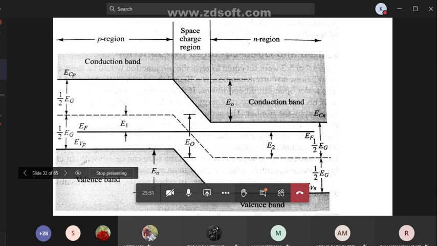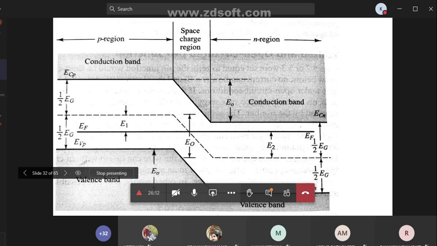So E naught equals ECP minus ECN, that is equal to EVP minus EVN.